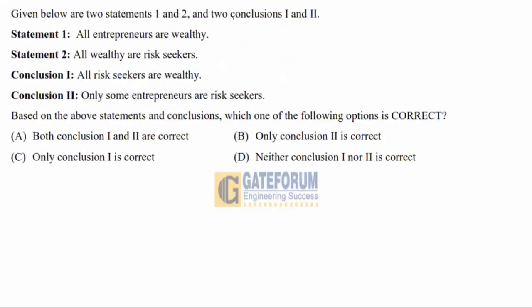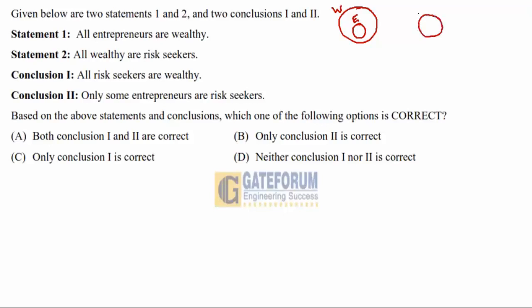Given below are two statements 1 and 2 and two conclusions 1 and 2. All entrepreneurs are wealthy. So, by means of a Venn diagram, we can say that this can be the Venn diagram. These are entrepreneurs and these are wealthy. All entrepreneurs are wealthy.